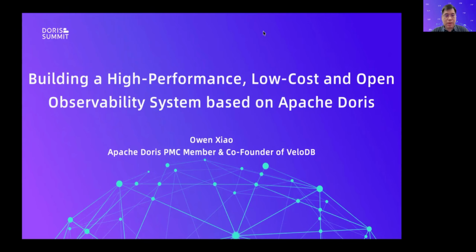Based on Apache Doris. Today I'm going to talk about one of the major use cases of Doris, observability. The observability system based on Apache Doris is famous for high performance, low cost, and open.